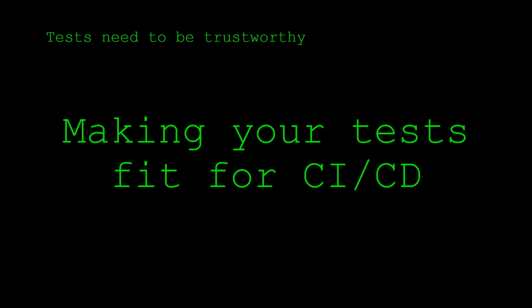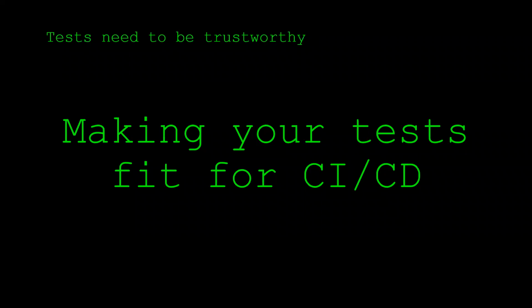First of all, they need to be trustworthy, because Jenkins is going to make decisions, for example, the decision about whether or not to deploy an application into production based on your test results. That means that you need to be able to trust your tests and to make sure that they pass when they need to pass and that they fail when they need to fail.